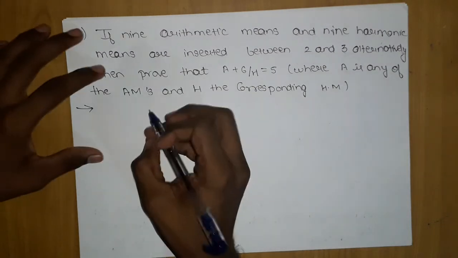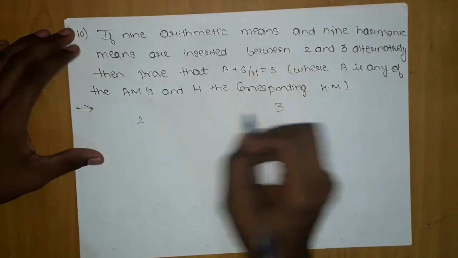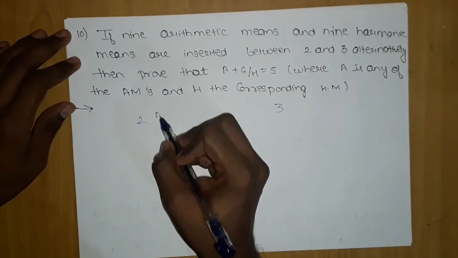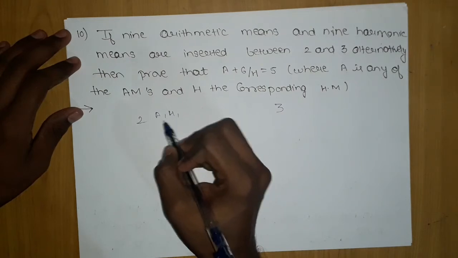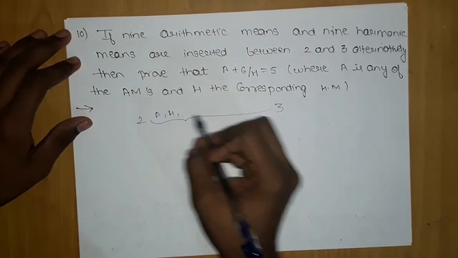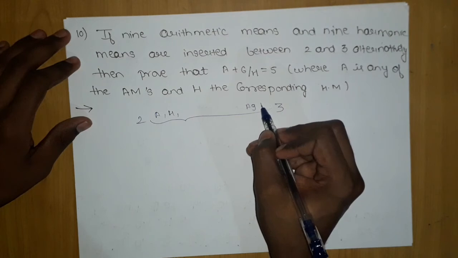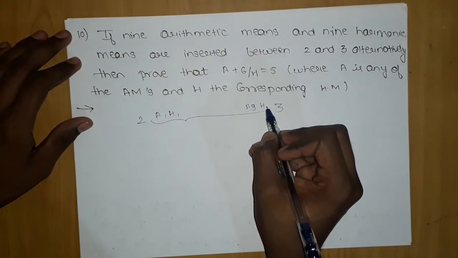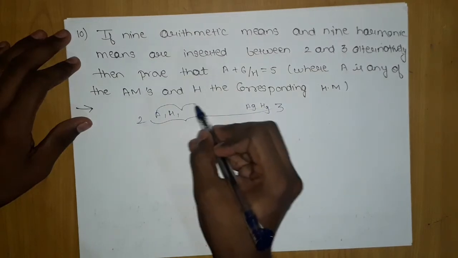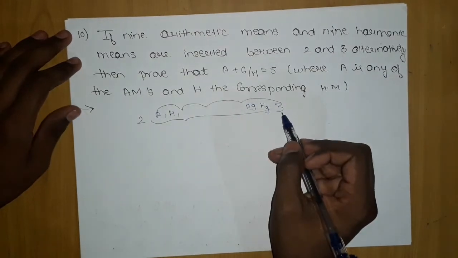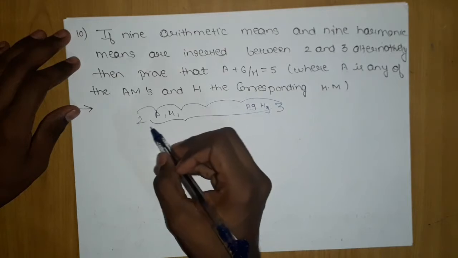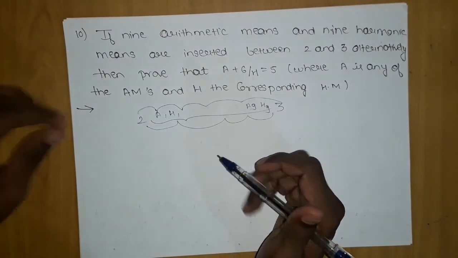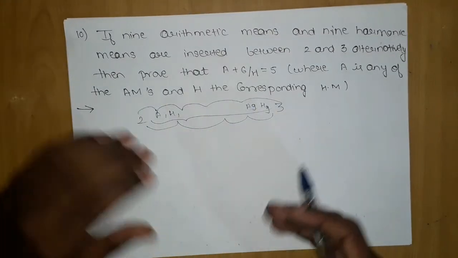Now they are telling us that between 2 and 3 there are 9 arithmetic means and 9 harmonic means. Even though they are placed alternately, like A1, H1 and so on up to A9 and H9, the AMs form an arithmetic series and the HMs form a harmonic series.